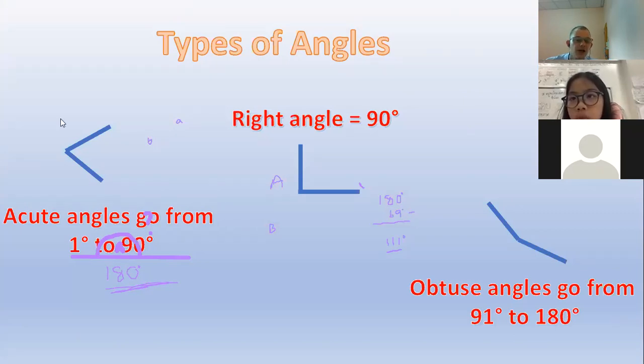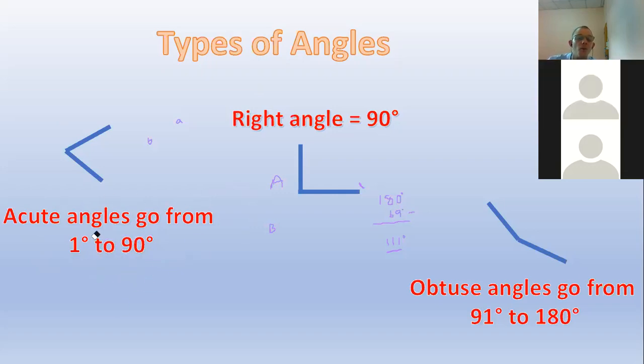Let's go again. Acute angles are angles less than 90 degrees, so they go from 1 to 90. They are small angles.